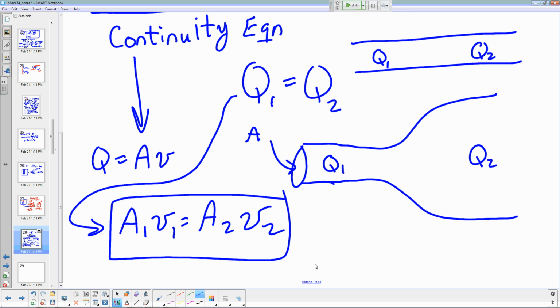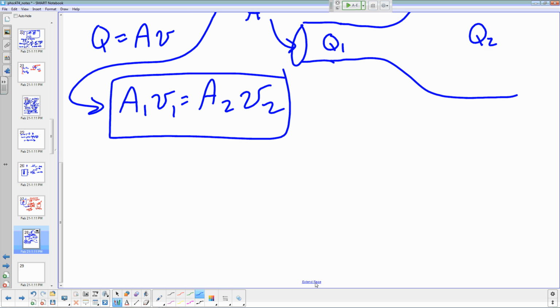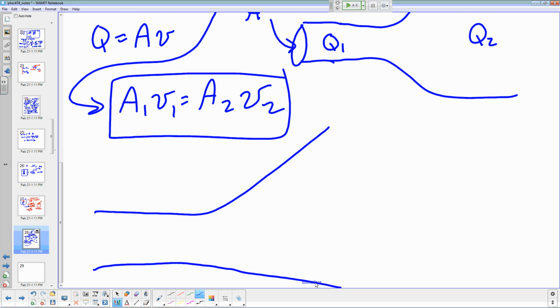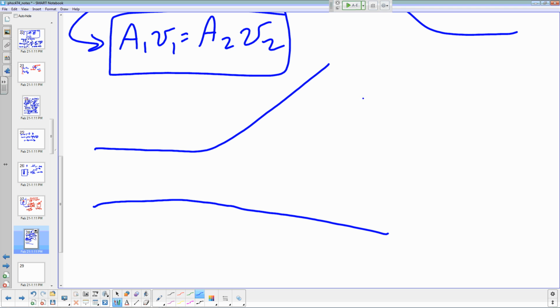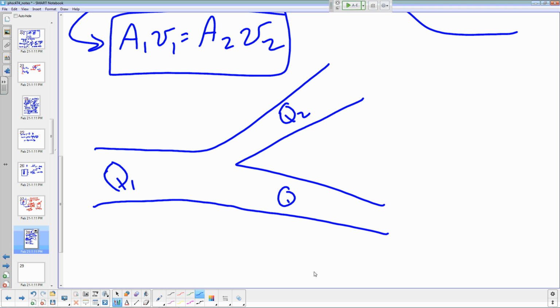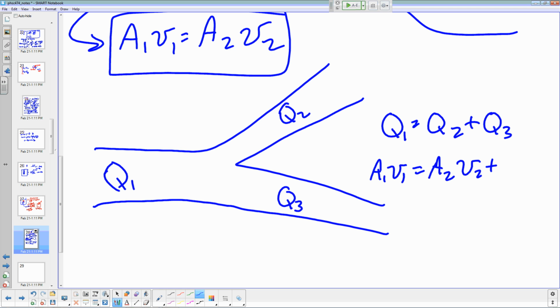You can also see it elsewhere, like if I have multiple pipes coming together, or let's say that I have a river that splits into two pieces. I have a certain flow rate here, Q1, and then I have a flow rate here, Q2 and Q3. This would say that Q1 has to equal Q2 plus Q3, or A1V1 equals A2V2 plus A3V3.